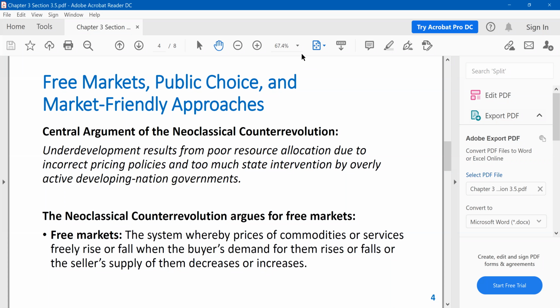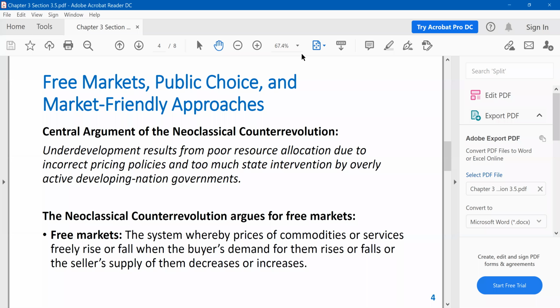In a free market economy, under perfect competition, if you create minimum price effects or maximum price effects, or if you intervene with the exchange rate regime, if you peg the interest rate or the exchange rate, then you create some inefficiency. All right? Then you do not let the market invest where the return is the maximum for the private sector. Okay? You protect some sectors in the economy too much, right? Etc. So once there's too much state intervention, then according to this view, the result is underdevelopment.